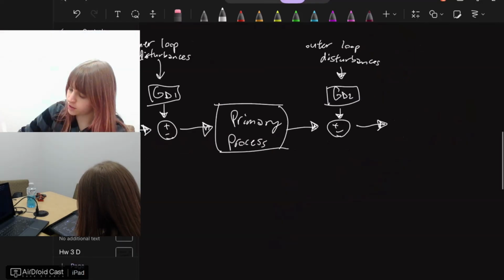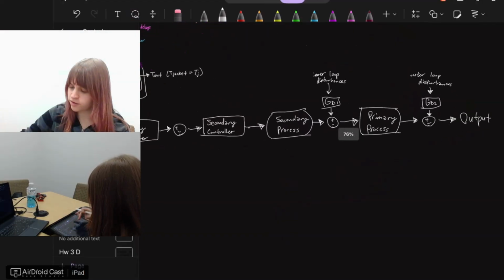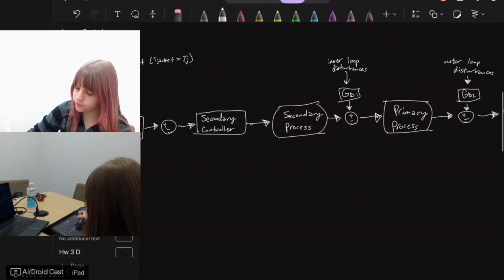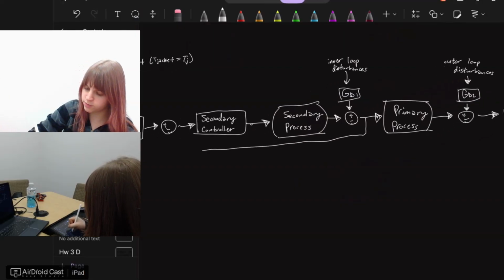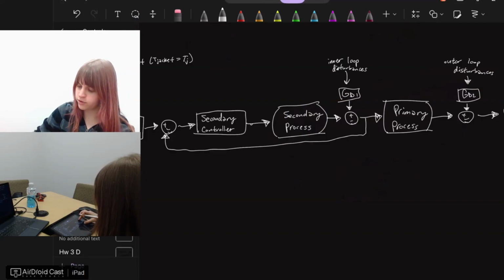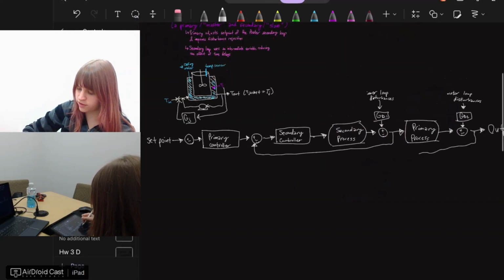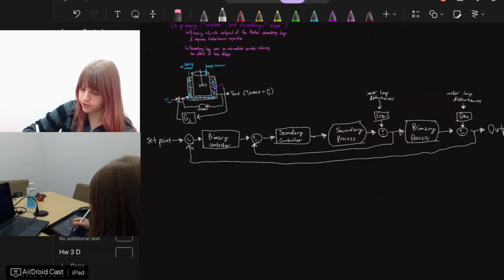And then we get our output. And we have a loop from right here to this comparator. We also have one from this arrow pointing to the output to our first comparator.